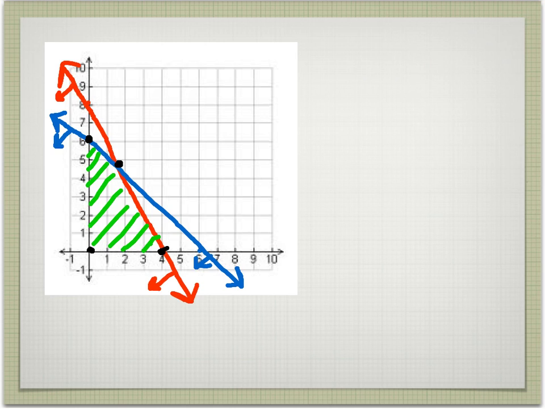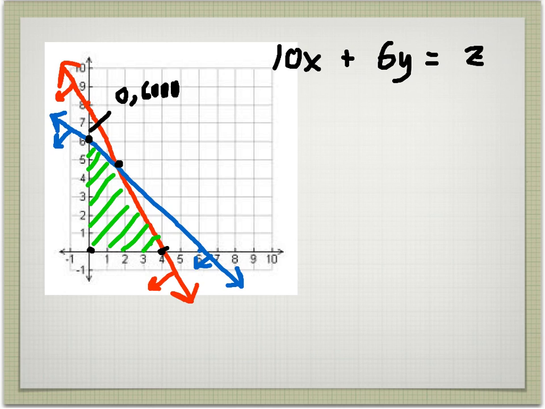So I go back to my optimization equation, which, if you remember, was 10x plus 6y equals z. Again, this is trying to tell me how many people I can help or what I can help the most. I'm going to look at my ordered pairs, and the ordered pairs I'm going to look at are 0, 6,000. That's that point right there.